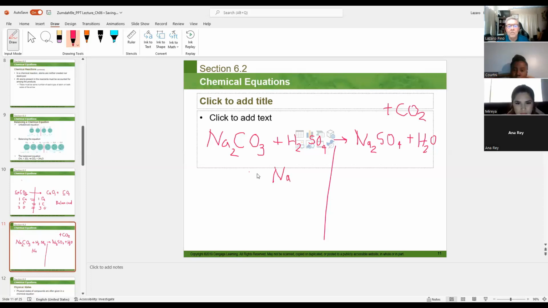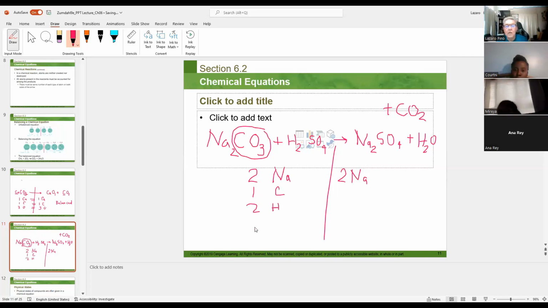How many atoms of sodium? 2 atoms of sodium. How many are here? How many atoms of carbon? 1 carbon. Well, carbon, 2 hydrogen, 3 here, and 4 here is 7 oxygen. Got it? And 2 hydrogen here. Well, in this one I have 1. Oh, I forgot about sulfur. 1 sulfur. Then I have here 2 hydrogen.